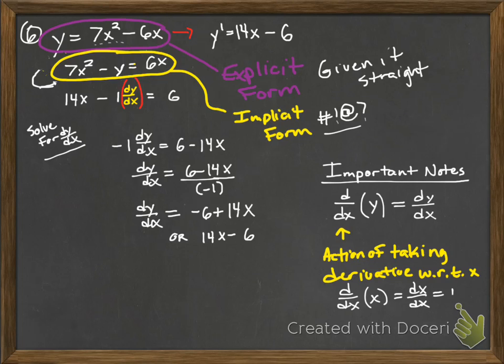If you do it of x, d dx of x would be dx dx, and interestingly enough, that ends up being 1. That's why you could technically go back in each of these and write a dx after each x term, but that cancels to 1, so we ignore it.